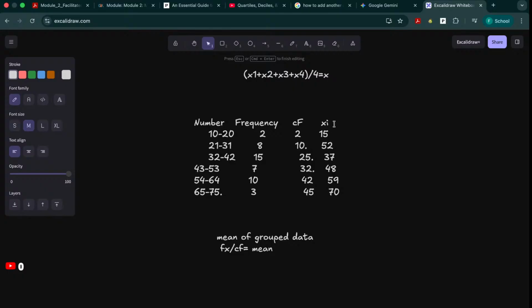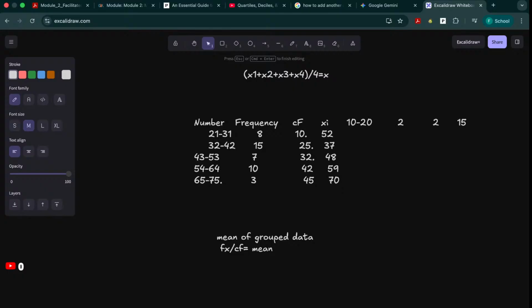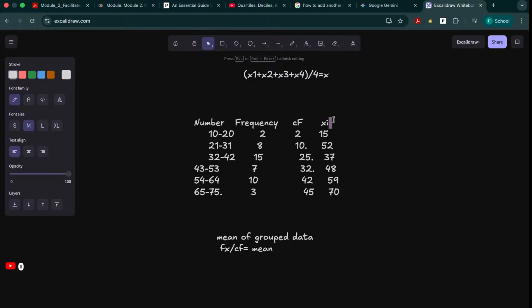After getting x i, we go to another column, which is f x i, which is the midpoint times the frequency.